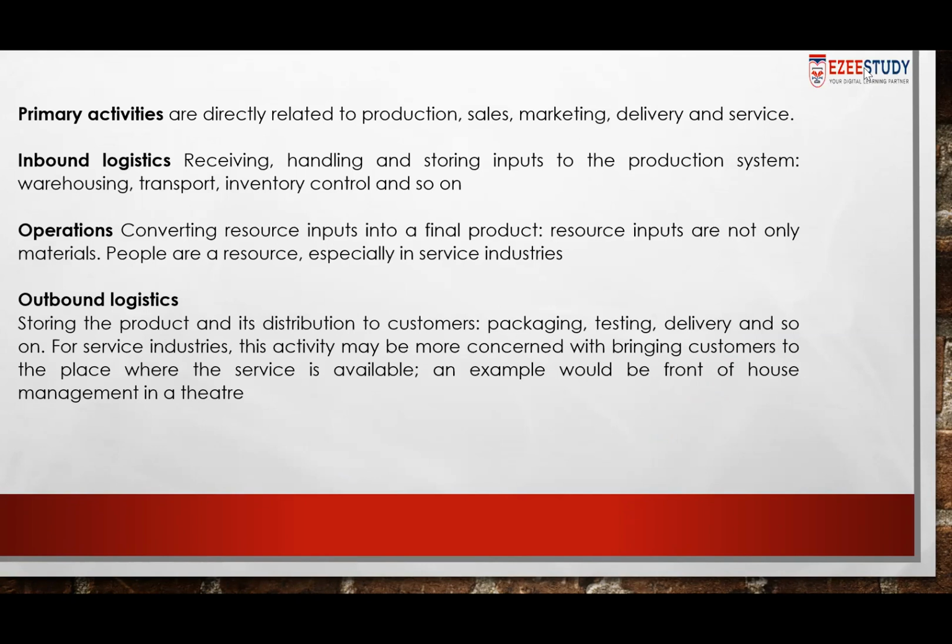You have to send them to the location they're supposed to be in, storing those inputs, which will involve warehousing and inventory management. All these are called inbound logistics. So you'll have to perform this primary activity, without which you won't be able to produce any product.